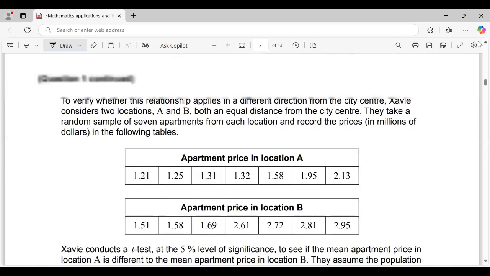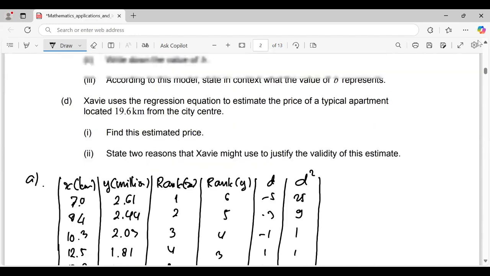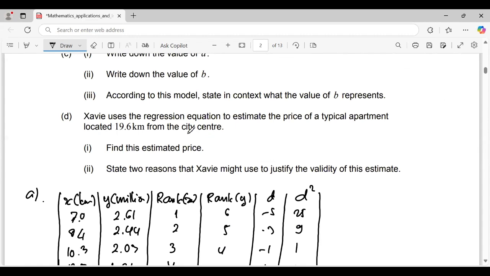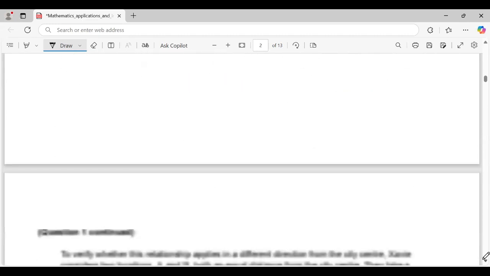Next, part D. Safi uses the regression equation to estimate the price of a typical apartment located 19.6 kilometers from the city center. Find this estimated price.